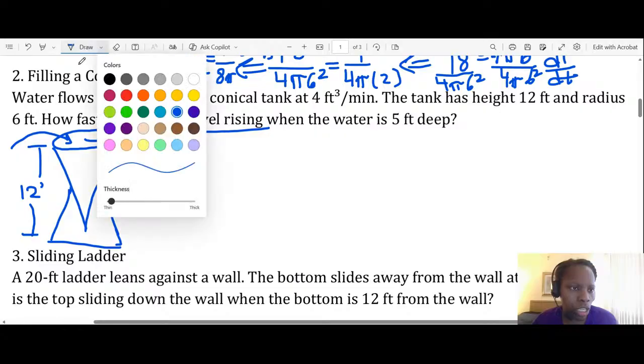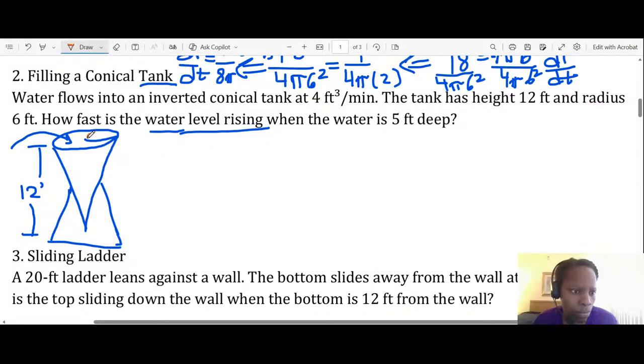Let me change the color. So 6 feet going here. So that's half. The height is 12 and the radius is 6.